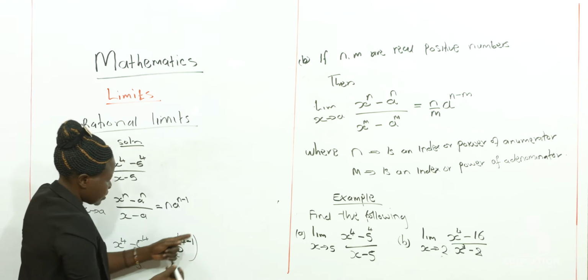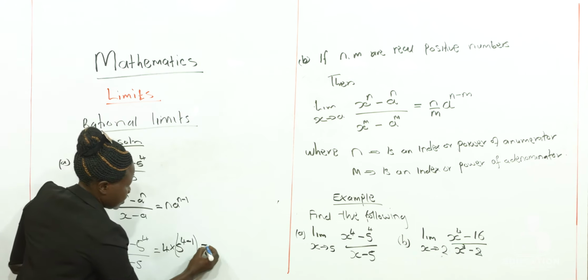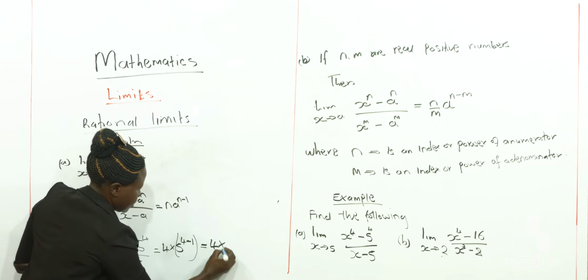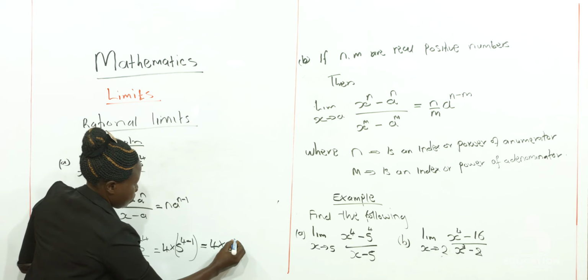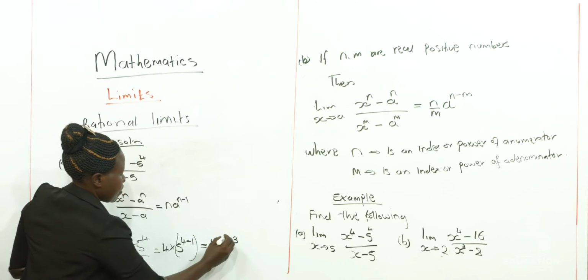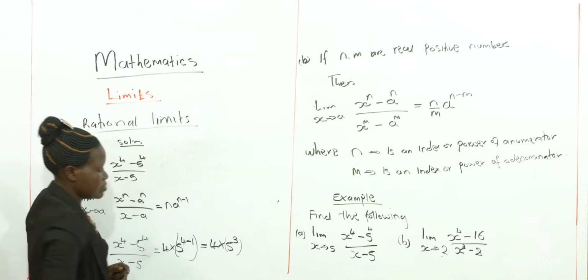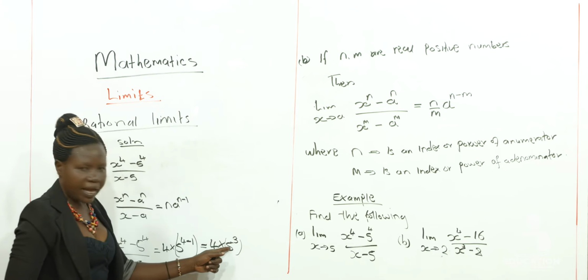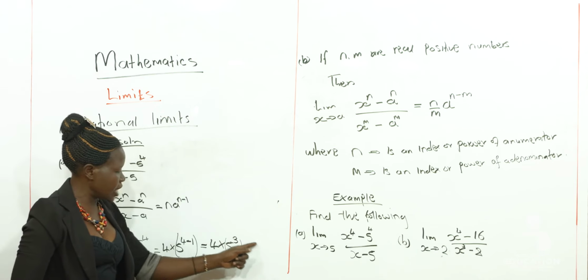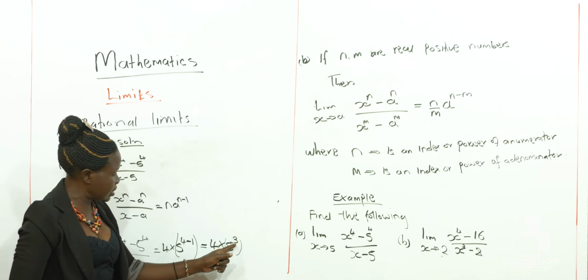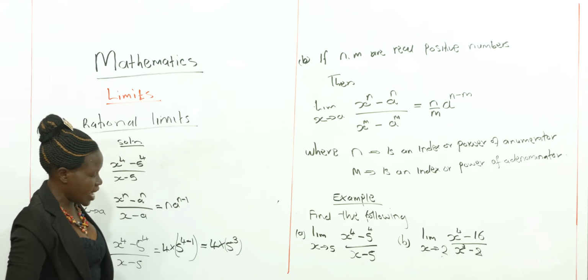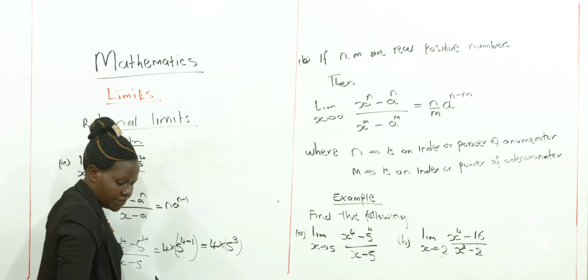So when we simplify what is in the bracket, we get 4 times 5 raised to 3. 5 raised to 3 means you are going to multiply 5 three times, and when we multiply 5 three times, we get 125.